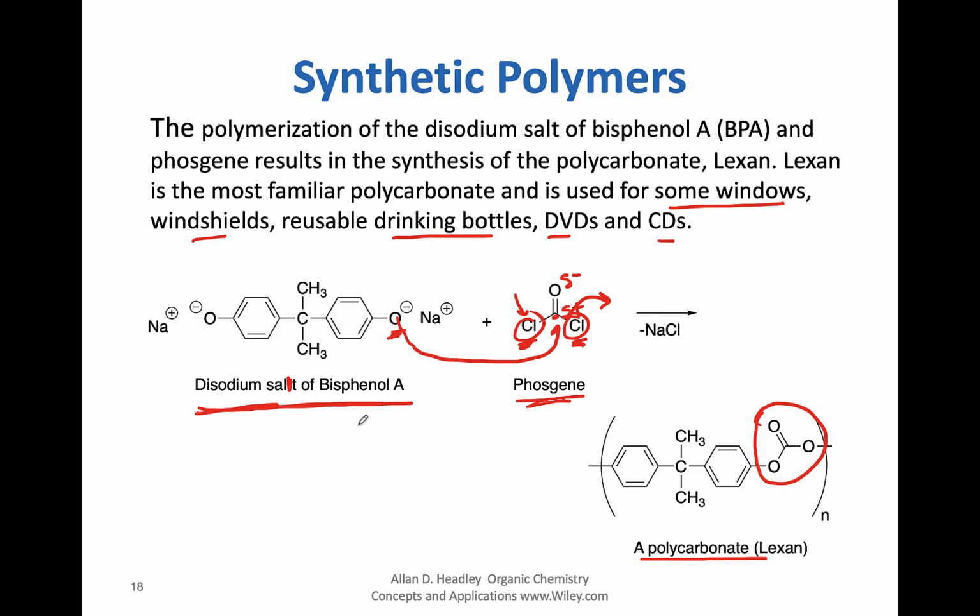So I think this is the end of the presentation here for the synthetic polymers. So I hope you can see that organic chemistry is getting a little easier, because now we're just applying all the chemistry and reactions that we've learned to build or to synthesize practical molecules, in this case polymers. So once again, remember that we're scientists here.